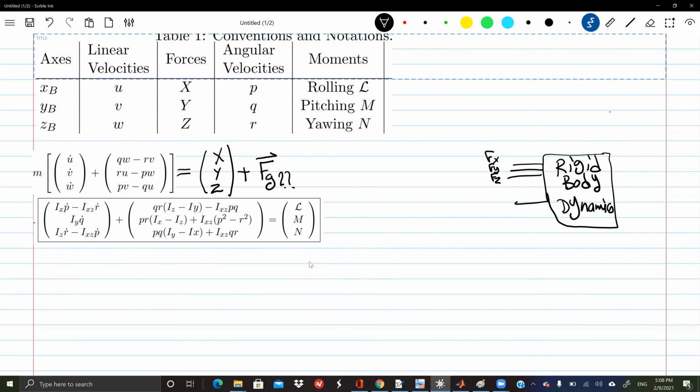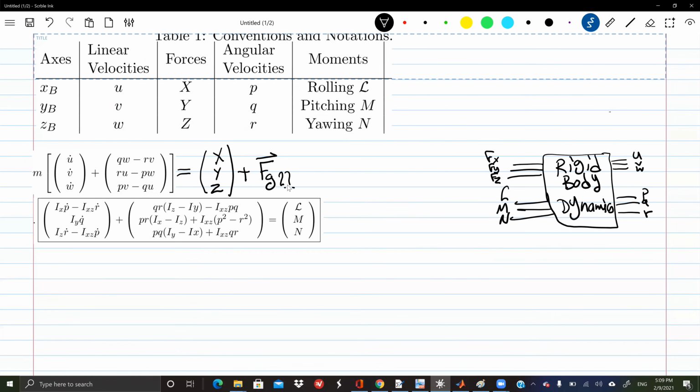And we're also given the moments, LMN. We're given the applied loads. And it is required to determine the motion, so UVW, PQR, and indeed these 6 equations in 6 unknowns. The unknowns are the motion, UVW, velocities, and PQR, angular velocities. These are the unknowns from these 6 equations, and the 6 quantities that we need to know are the forces and moments. And again, this is applicable to any rigid body you like to analyze.